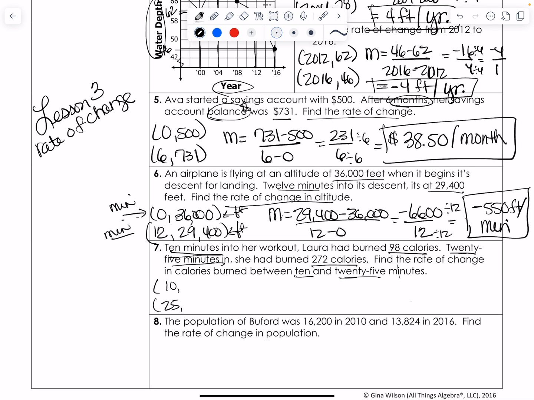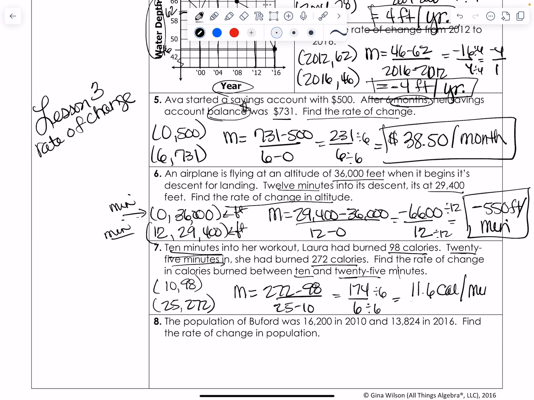In 10 minutes, it was 98, and in 25, it was 272. So we're going to use our slope formula, 272 minus 98 over 25 minus 10, which gives me 174 over 15. When you divide, it gives me 11.6 calories per minute.